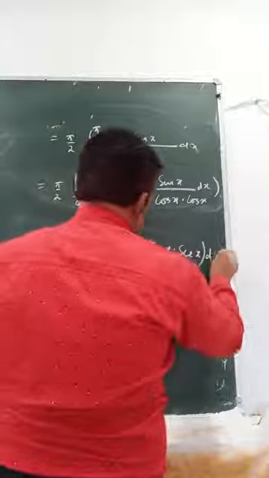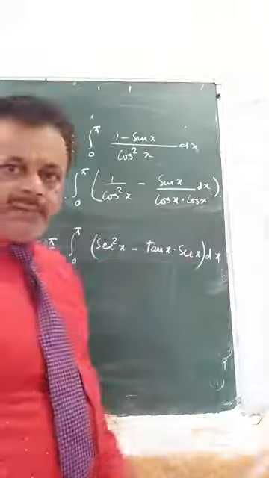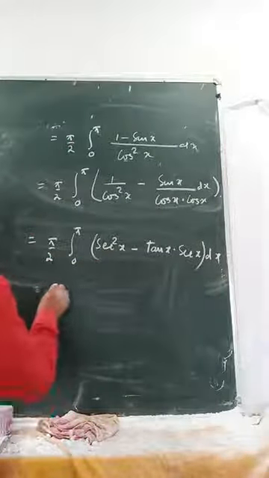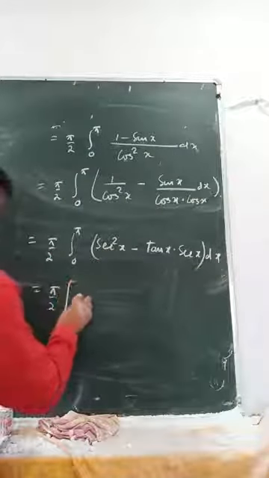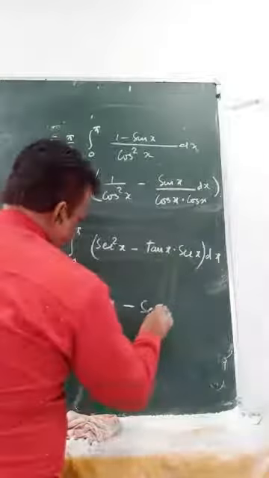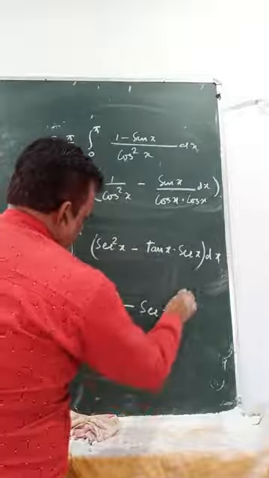Okay, now we got the direct formula: integral of sec square x is tan x, and of sec x tan x is sec x. So tan x minus sec x, 0 to pi.